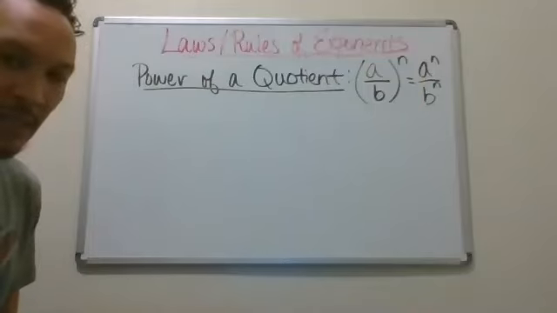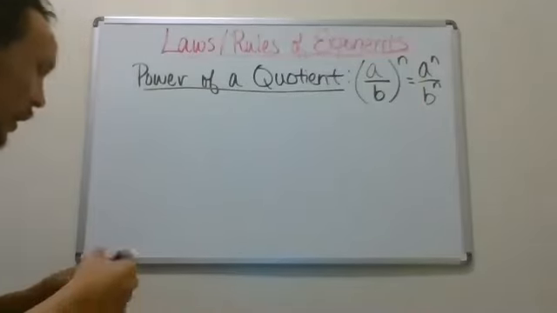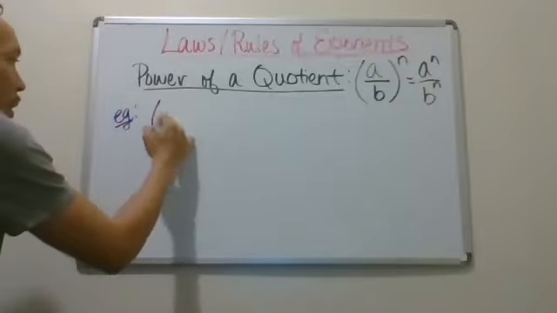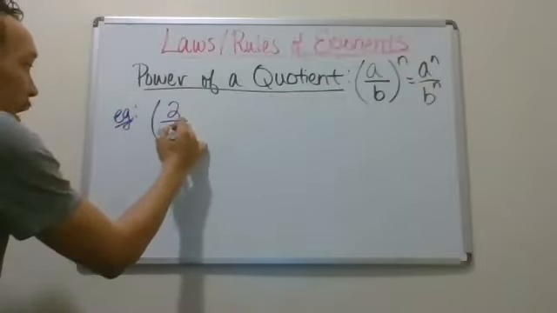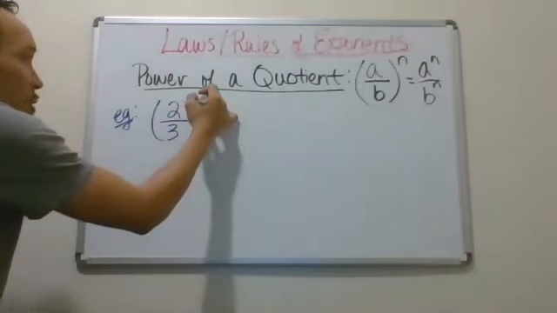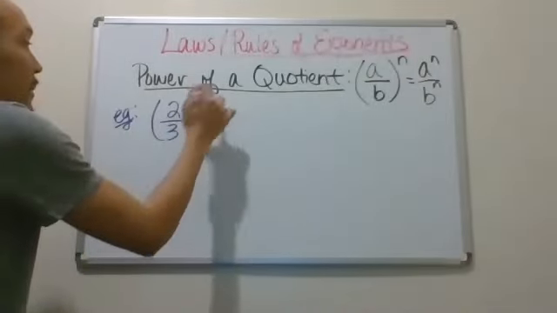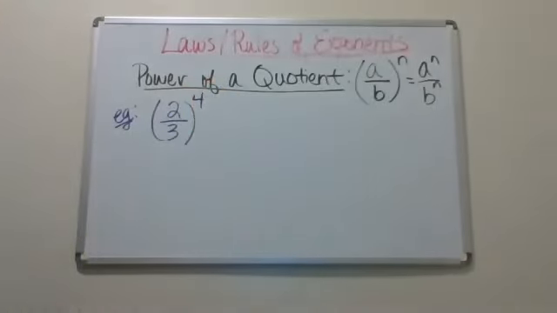So let's look at an example. Let's say we have 2 divided by 3 to the 4th power.